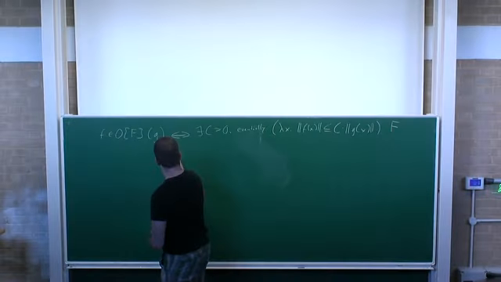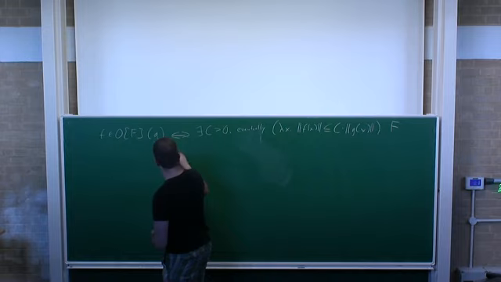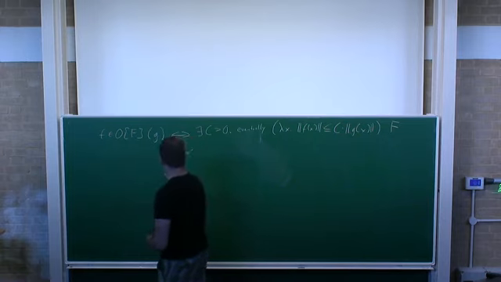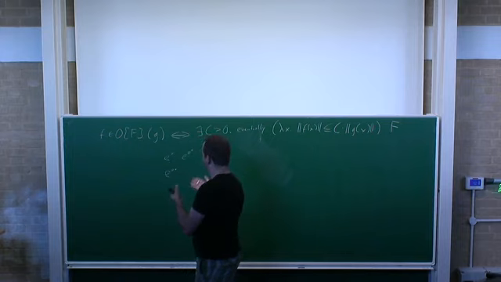Like for instance, you could say, okay, I allow anything of the type e to the x. No, or e to the a times x probably. Okay, yeah, but then I thought about this, but I couldn't find a suitably general way.